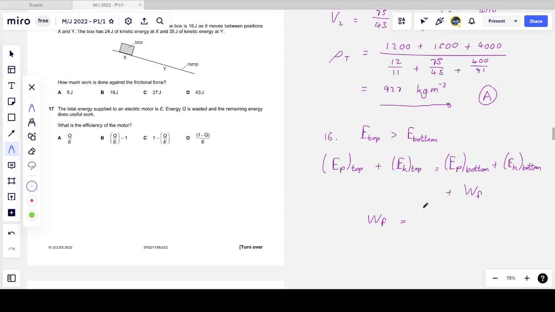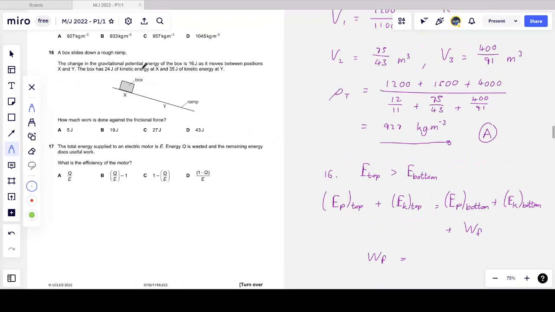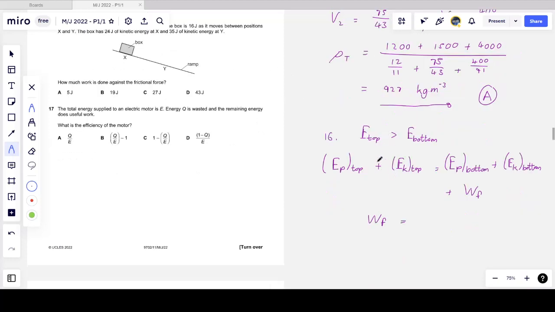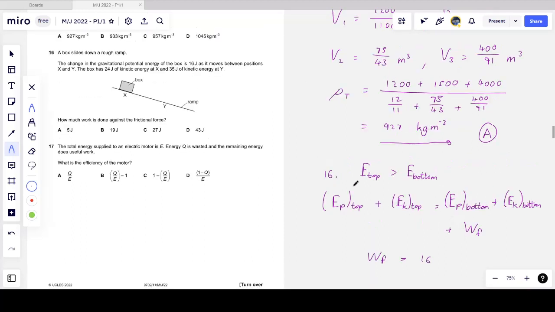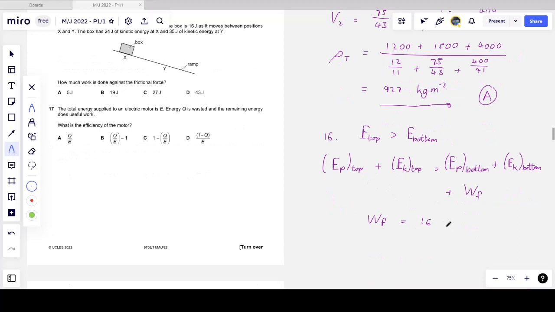Putting in my values, the change in gravitational potential energy is 16 joules, so EP top minus EP bottom is 16 joules. The difference in kinetic energy is 24 minus 35.